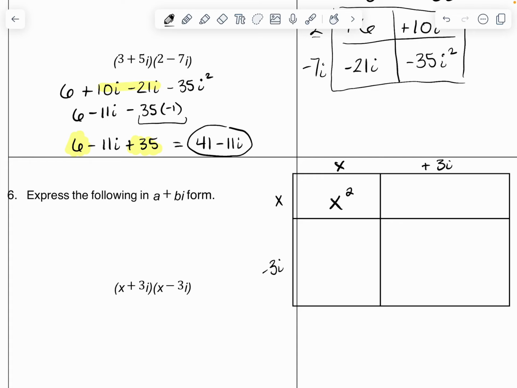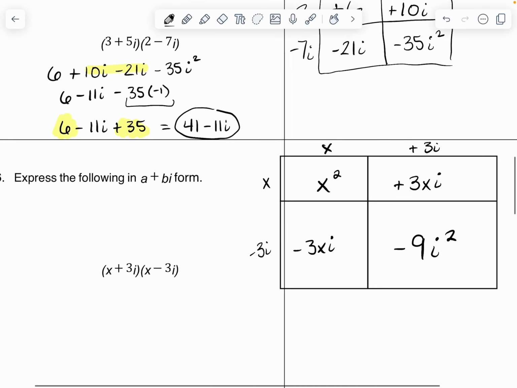So x times x is x squared. x times 3i is positive 3xi. Okay. Negative 3i times x is a negative 3xi. And then negative 3i times positive 3i is a negative 9i squared.